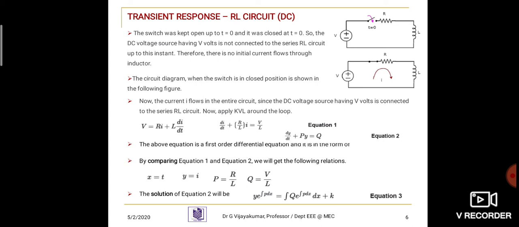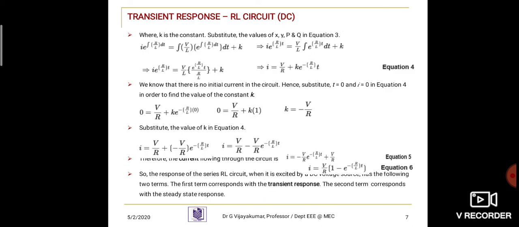By solving this equation using integration, I obtain equation 3: y exponential of integral of p dx is equal to integral of q exponential of integral of p dx plus k, where k is a constant.